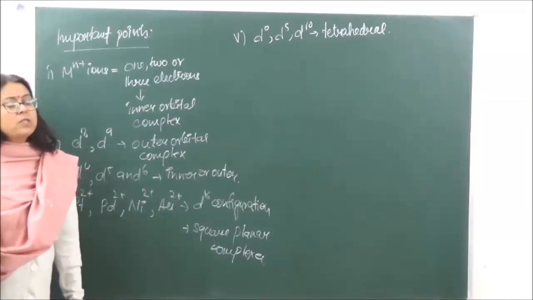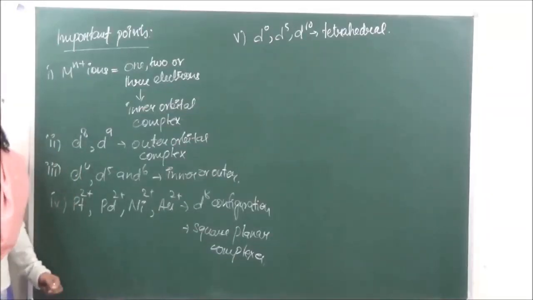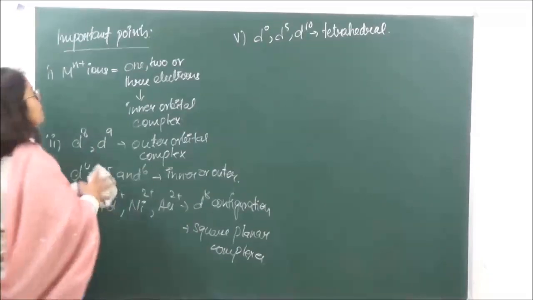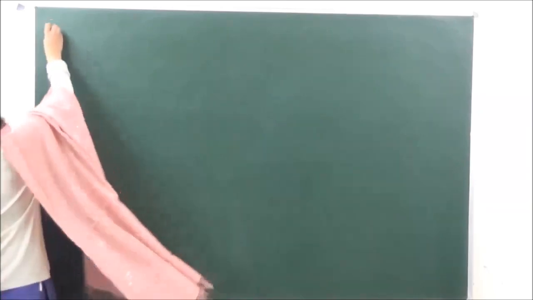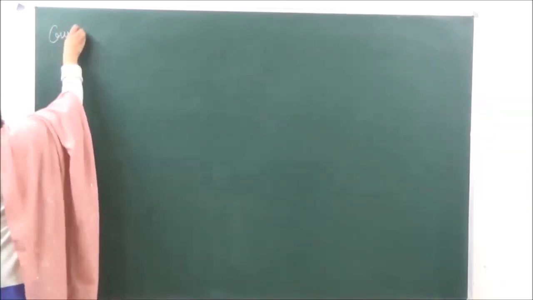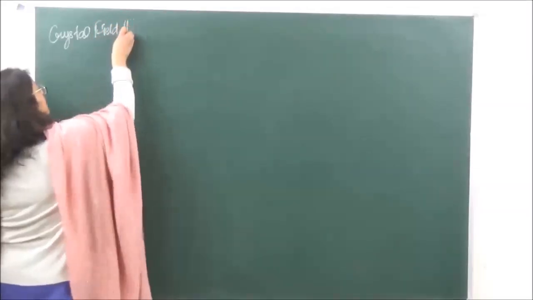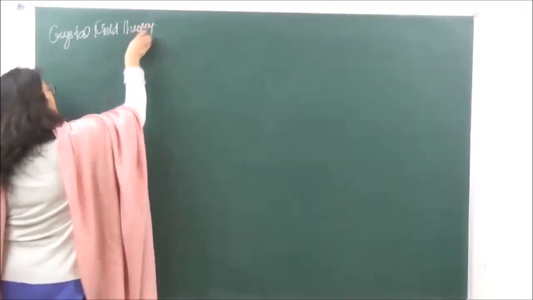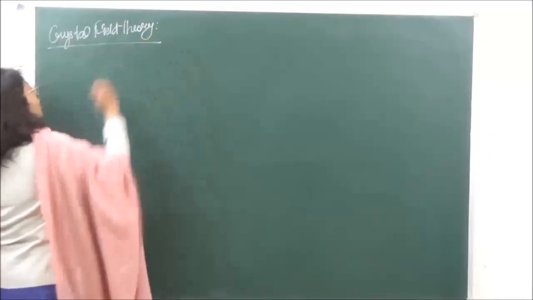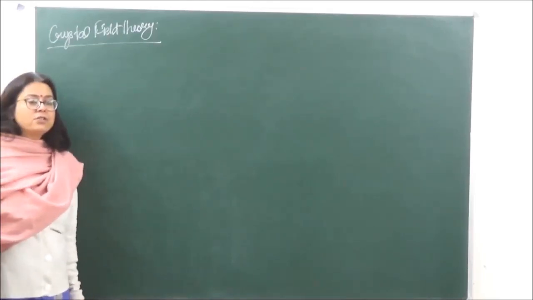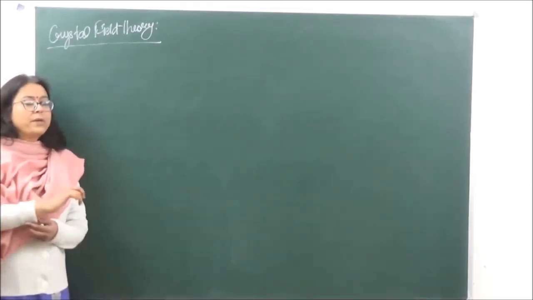The second theory which we are going to discuss today, that is known as CFT or the crystal field theory. So we go on to CFT, or crystal field theory. Now what is the basic difference between the valence bond theory and the crystal field theory which we are going to discuss over here?